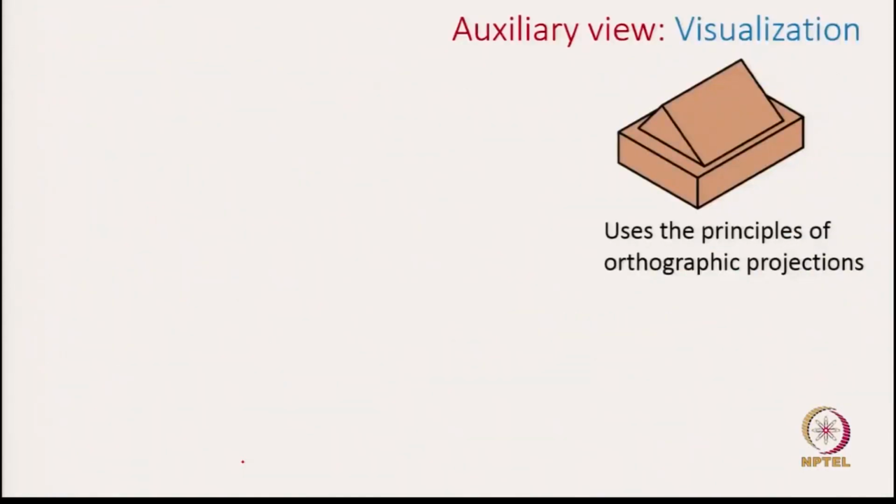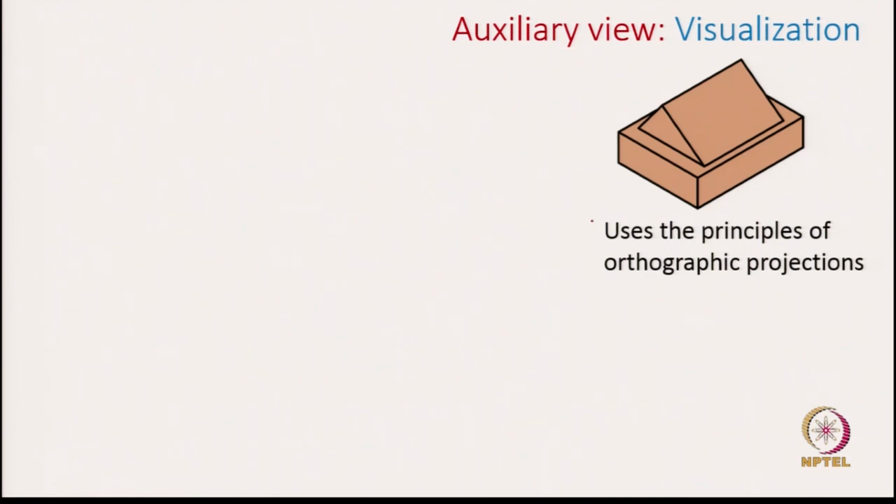So, next let us look at how, using visualization, I want to show you how to develop these auxiliary views. The step by step procedure will come later, but this will help you to get a mental picture of how we are capturing the auxiliary view. Okay.